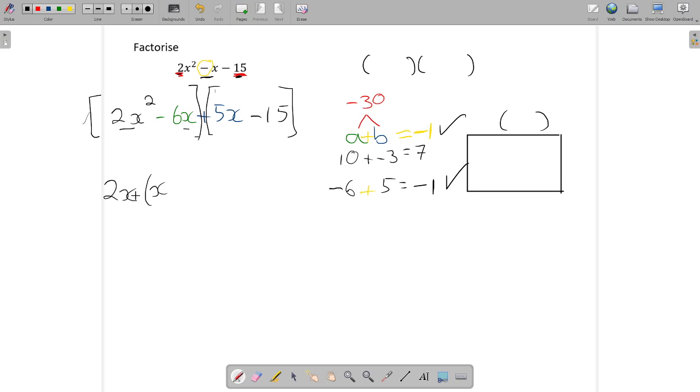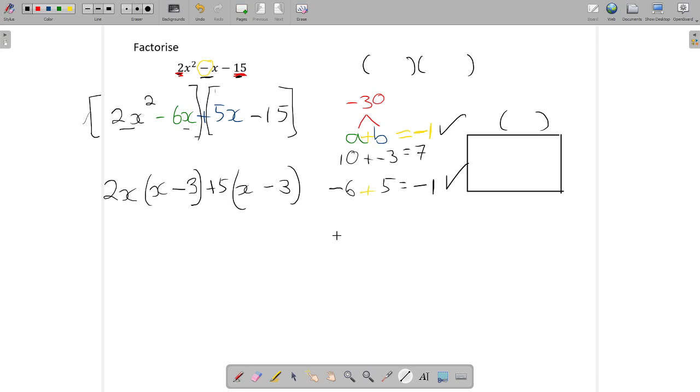Then 2x times what will give me minus 6x? It's going to be minus 3. And then on this side, plus, I can take out a common factor out of this bracket also. Let's take out a 5. What's left? x minus 3.